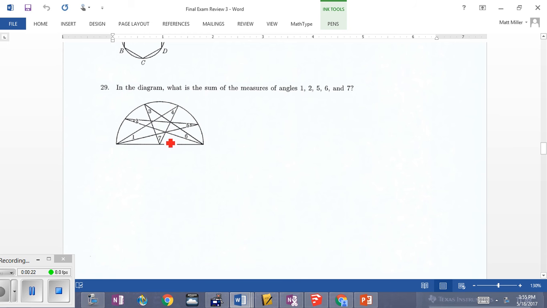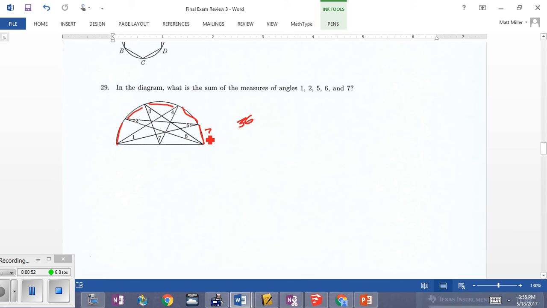Not so awkward, just look at it. You got 1, 2, 3, 4, 5 equal divisions on the semicircle. So 5 equal divisions. 5 into 180 is going to go 36 times.